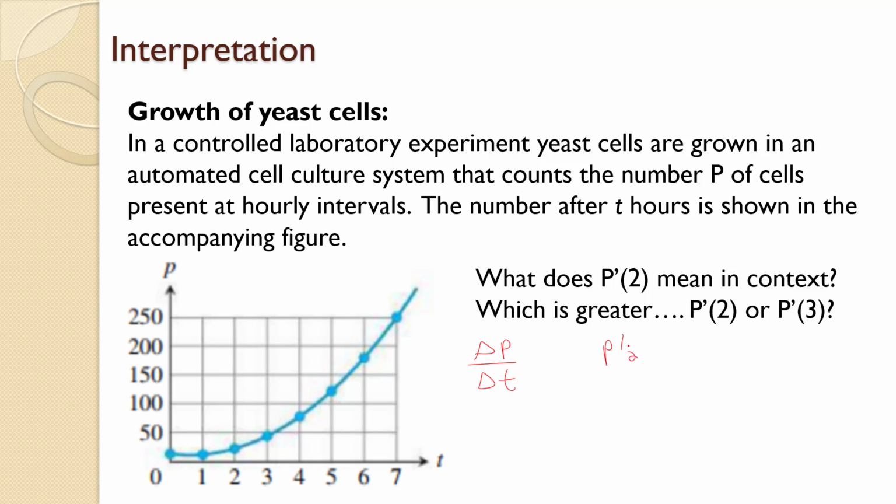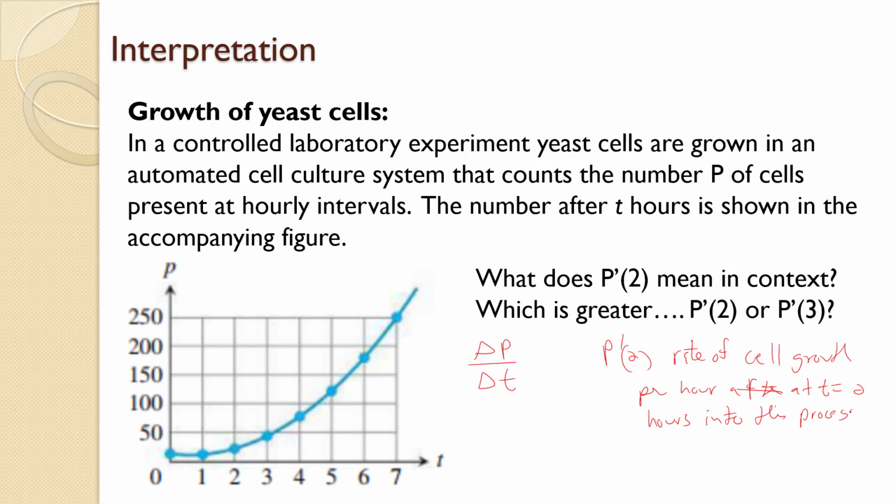P prime of 2 then gives you the rate of cell growth per hour after, or if you want, not after, but exactly at 2 hours into this process.